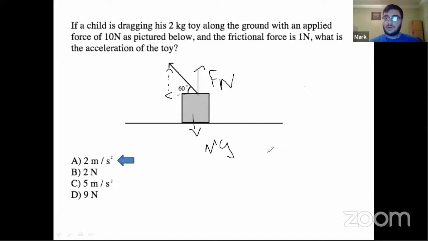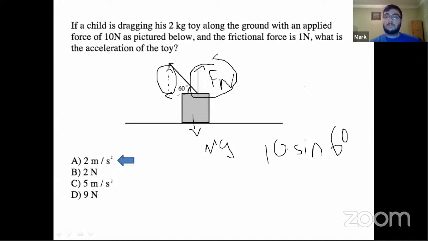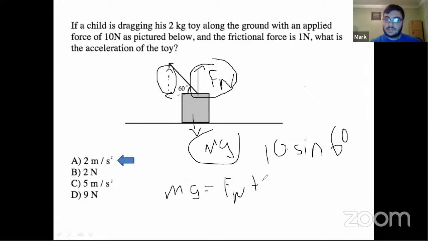Equal to 10, which is the applied force, times sine 60. Since it's not accelerating up or down, you have to add this y component and Fn together and set them equal to mg. So in this case, mg is equal to Fn plus 10 sine theta, which in this case theta is 60, but 10 sine theta.